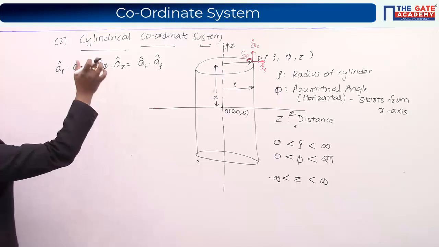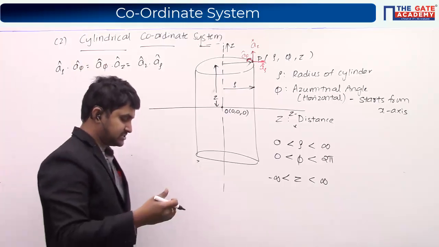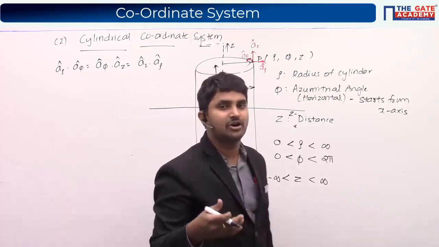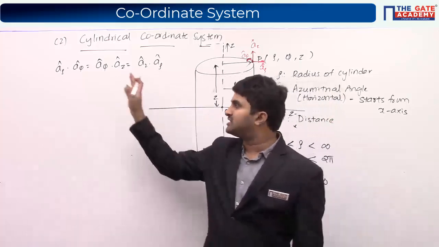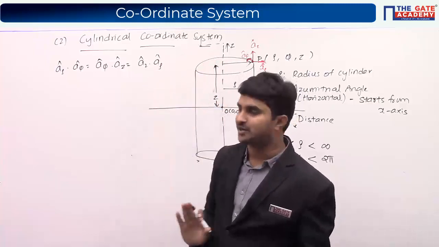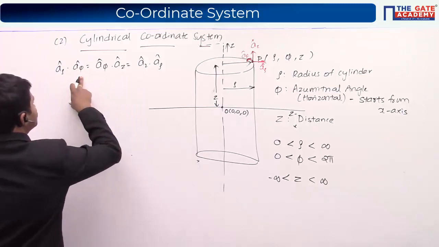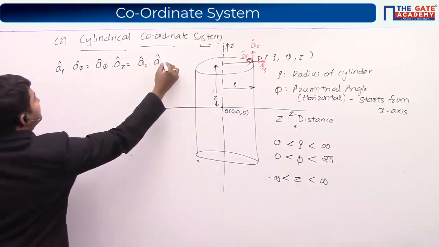These are the perpendicular coordinates, right? Perpendicular directions, because the system that we have considered is the orthogonal system. So all these directions should be perpendicular to each other. So aero dot A phi should be equal to 0 if they are perpendicular.